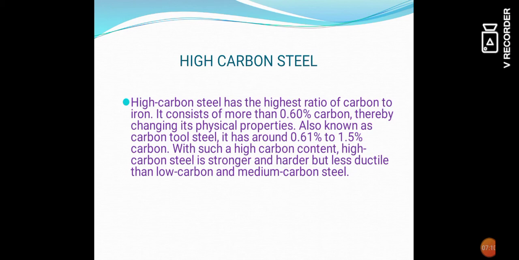With such a high carbon content, high carbon steel is stronger and harder but less ductile than low carbon and medium carbon steel. Here, the property ductility is nothing but the ability of the metal to be drawn into wires.